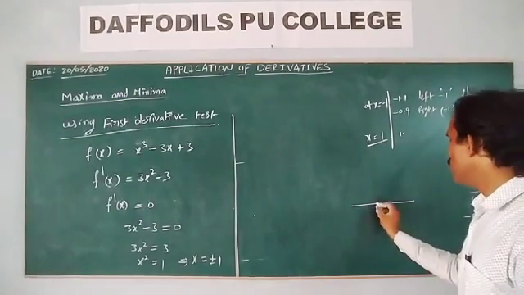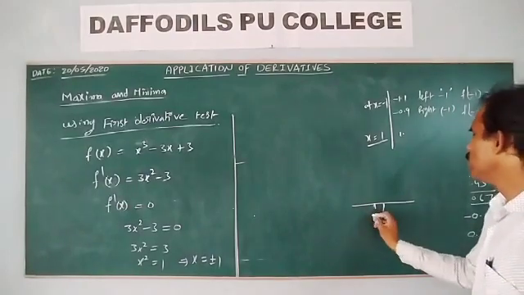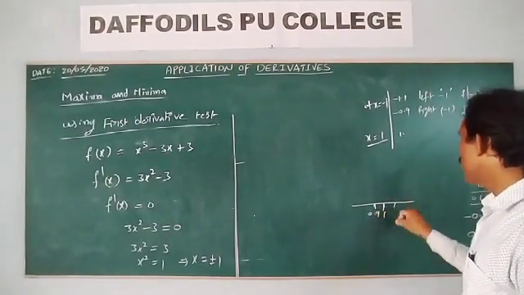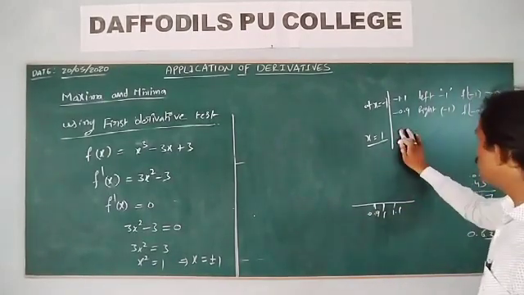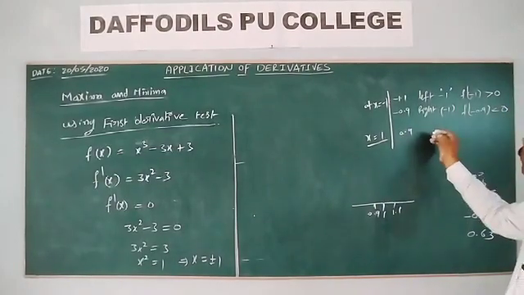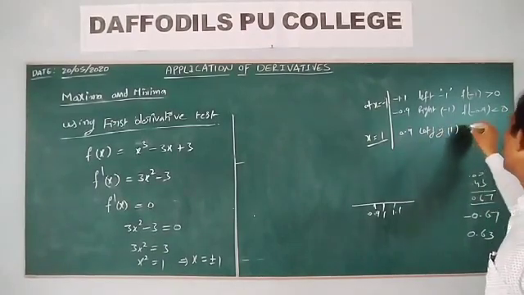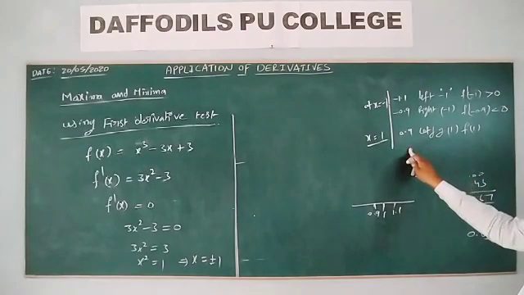Suppose 1. Left of 1 means 0.9. Right of 1 means 1.1. Suppose left of 1, 0.9. Substitute 0.9 means left of 1, f of 1. What happened? Already 0.9 value.